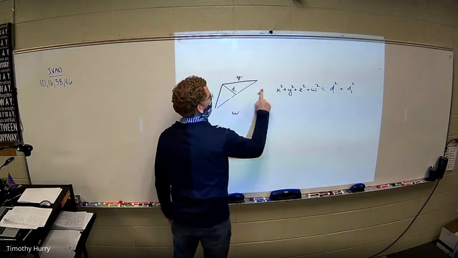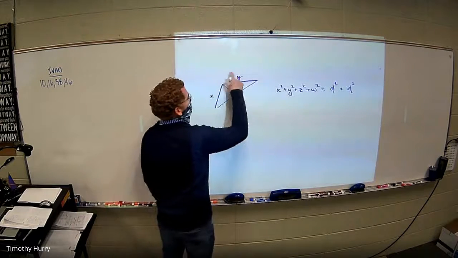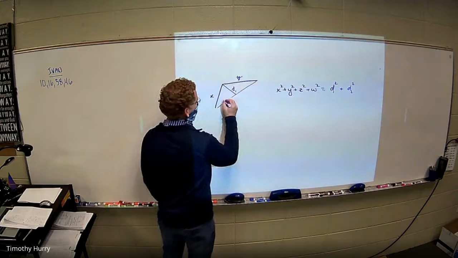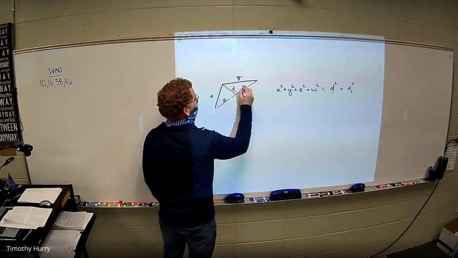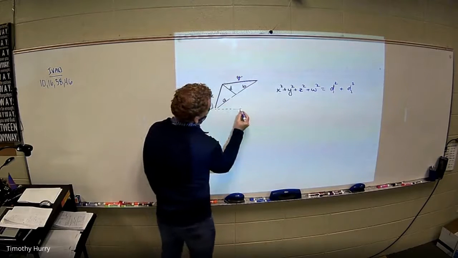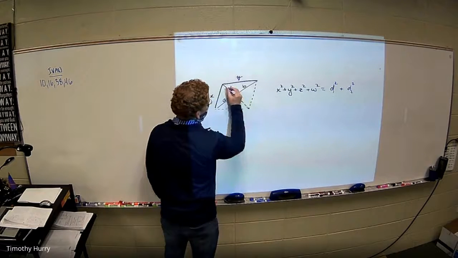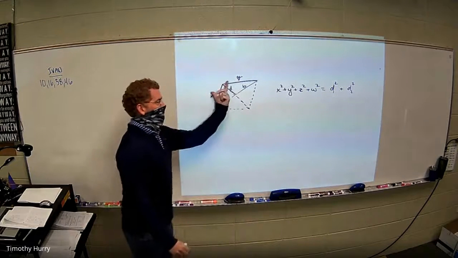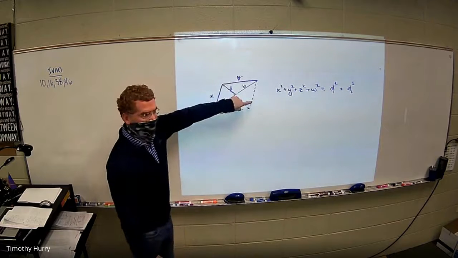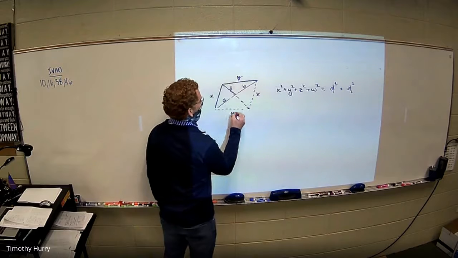So if I'm given a triangle like this, and say they gave me X, Y, D, maybe they gave me this right here, call it A and B. All I got to do is create a parallelogram out of it, which is basically taking this and rewriting it there. And then I know that's the same X as this, and that's the same Y as this.